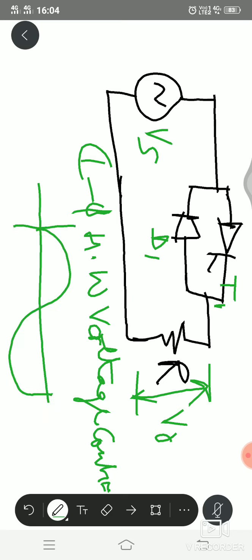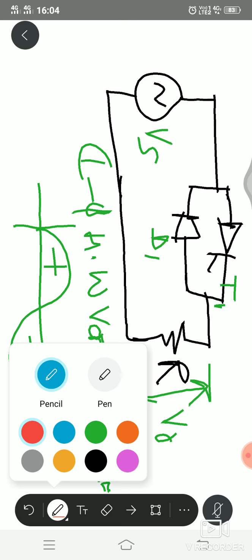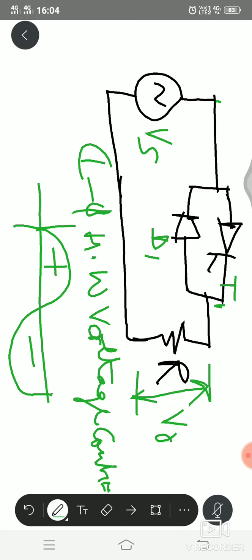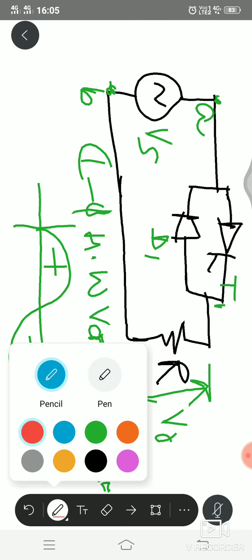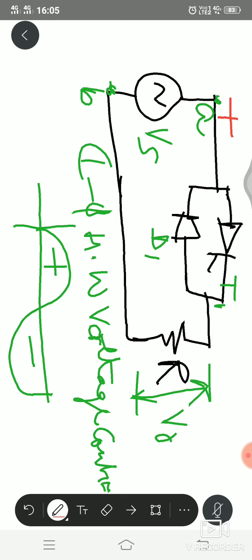Now the supply is AC voltage. So now what is happening during positive half? When the positive half is coming into picture, let us take this point as point A and let this point be B. During positive half, A point is becoming more positive than point B. So during this time, T1 is getting forward biased, and D1 is reverse biased.